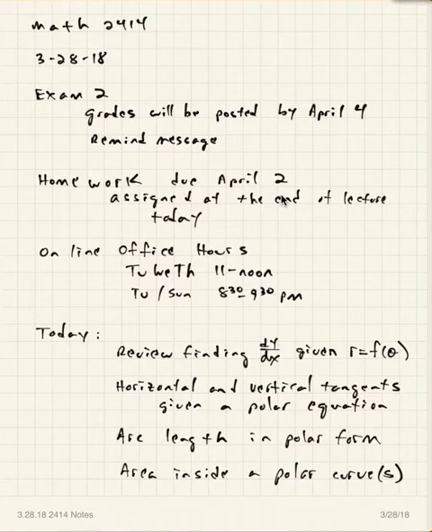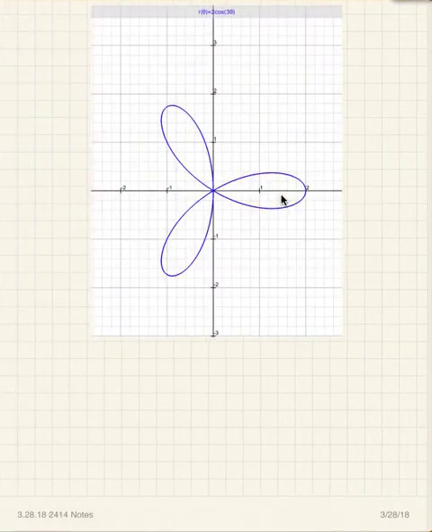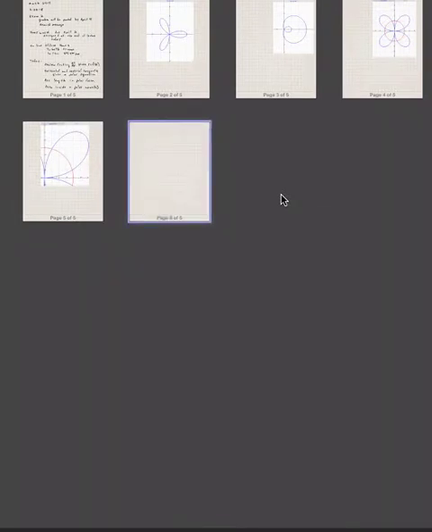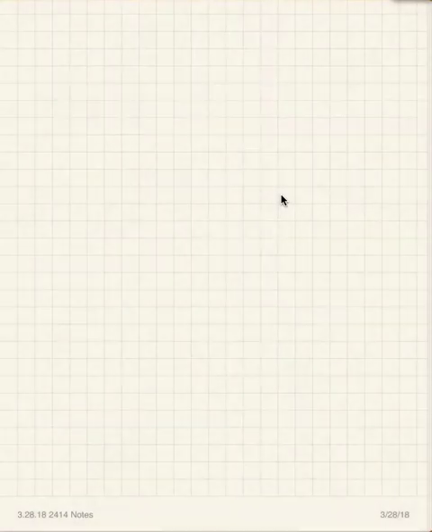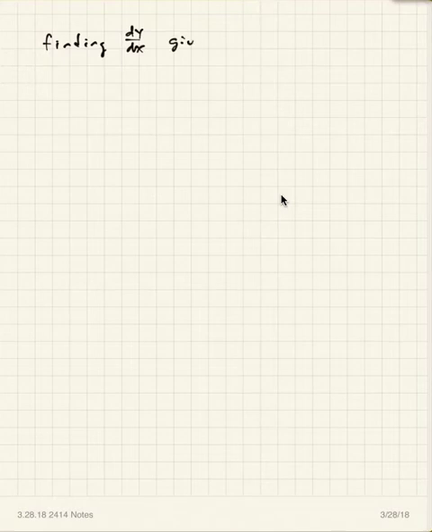So first thing is finding dy/dx given a polar curve. Let me get a blank page started here. So what we're doing is finding dy/dx given a polar curve in the form r equals some function of theta.